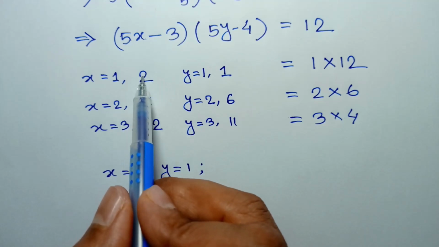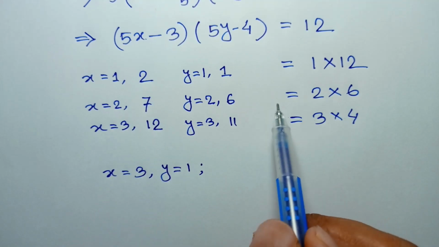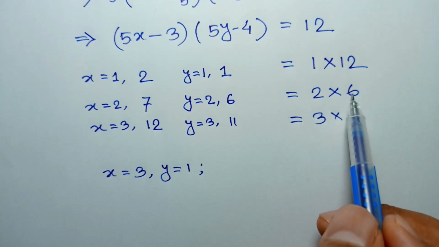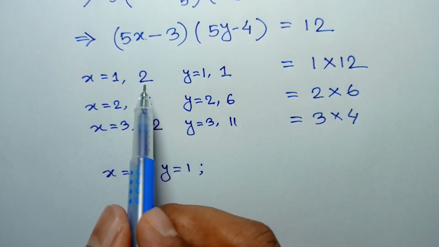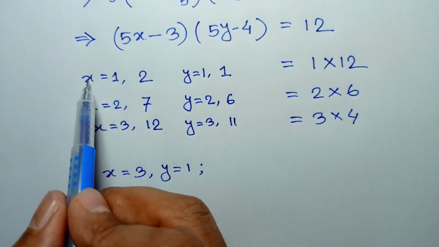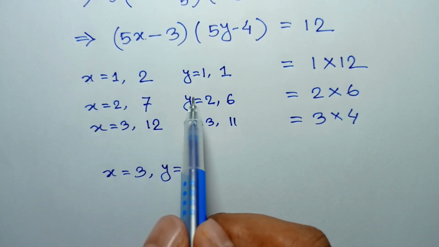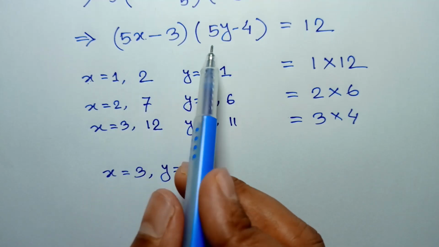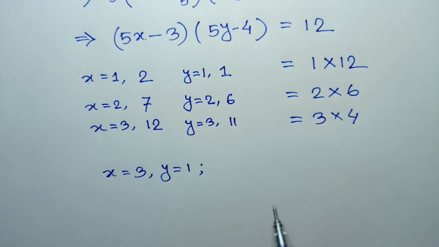And there is 2 and this 6, so 2 times 6 is 12. So when x is equal to 1 and y is equal to 2, then these two terms multiply to 12.